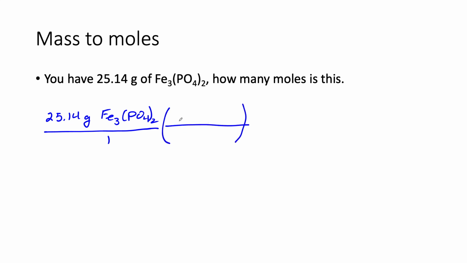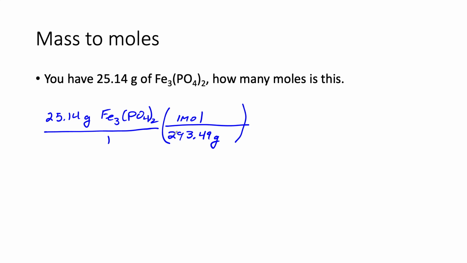Now, I want 1 mole of my compound, so I'm putting that on top, but I want to get rid of grams, so I'm going to put the 293.49 grams on the bottom, because what I want should be on top, and what I have needs to go on the bottom to cancel. So the grams cancel.